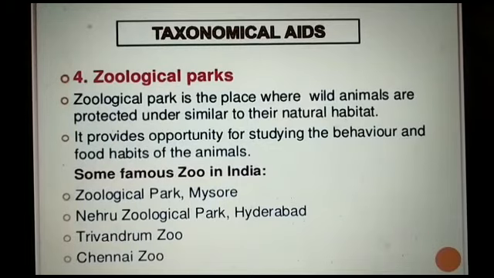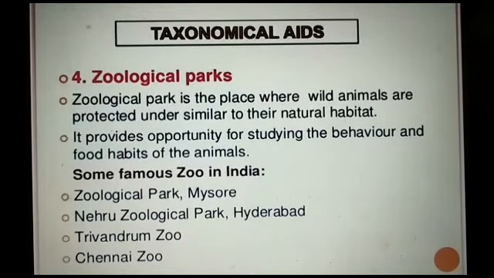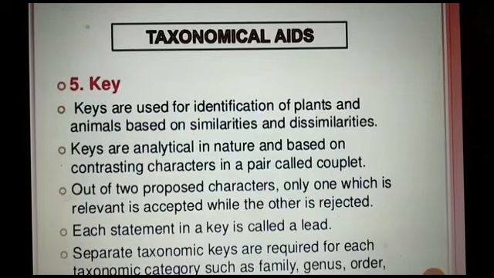And you know about the zoo. One zoo of India is Zoological Park Mussoorie. You see the zoo. And zoological parks are also used for recreation. So these zoos and zoological parks are all taxonomical aids.